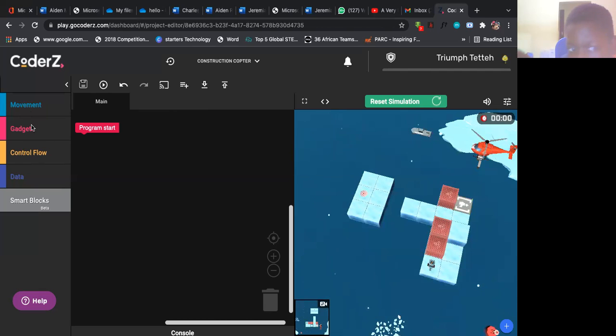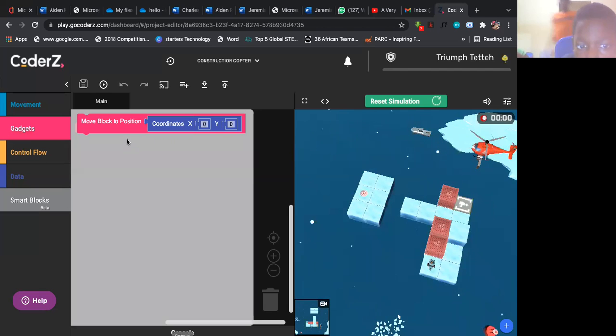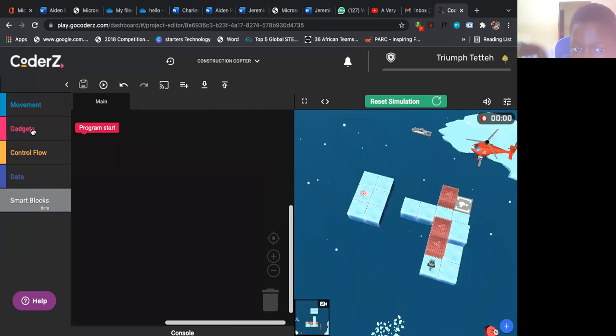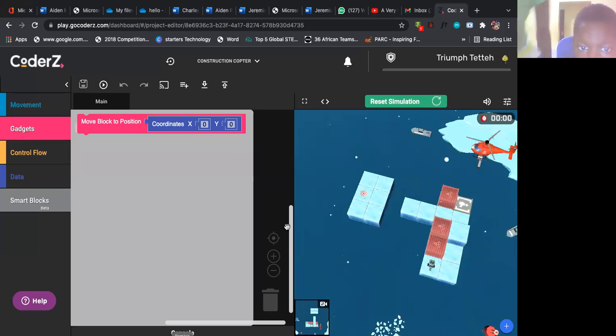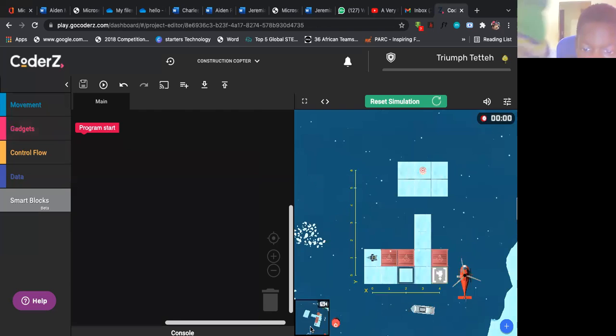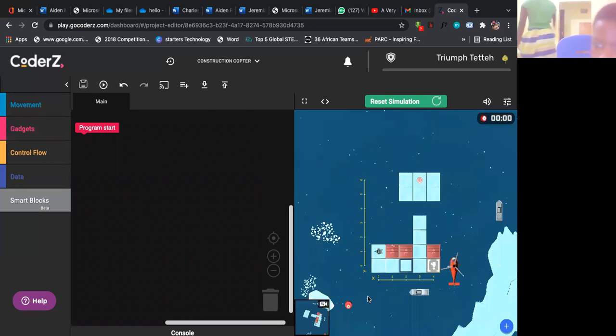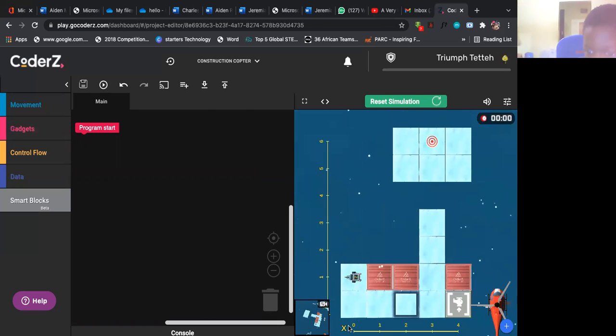And this is how you tell it to position it. You say move block to position, right? And the coordinates, you find the coordinates. You see on the coordinates, there's an X part and there's a Y part. Depending on where you want to put the ice block, you look here. This is the X line and this is the Y line.